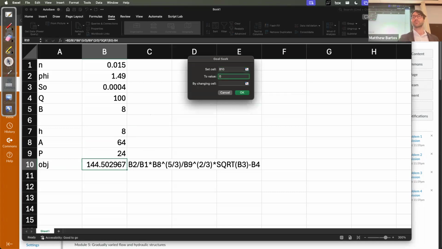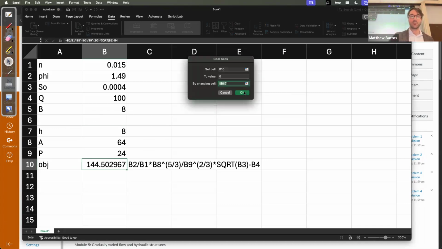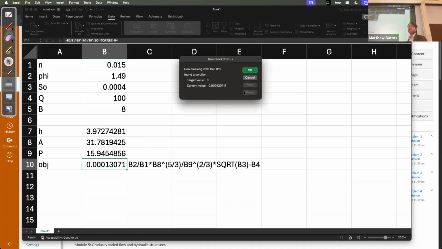I want this cell to go to 0 by changing cell B7, which corresponds to our depth. So when I do that and hit OK, it gives us a depth of 3.97 feet. You can solve this either using solver or goal seek. It doesn't really matter which one you choose.